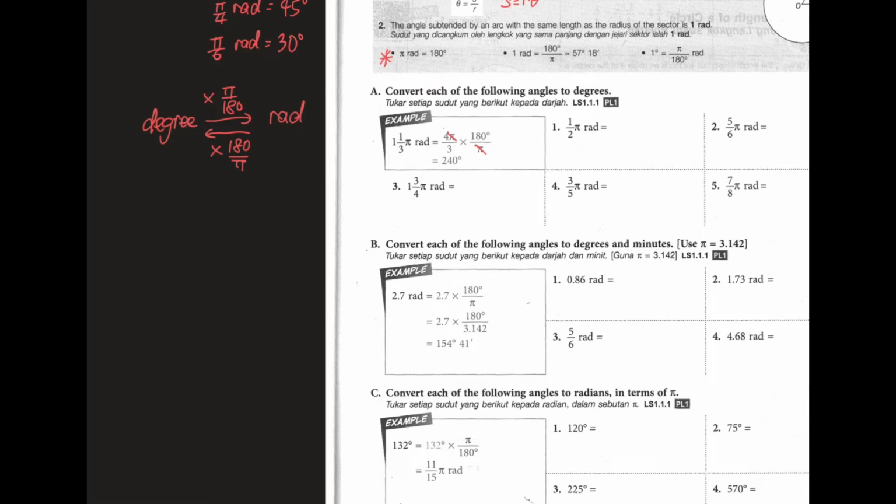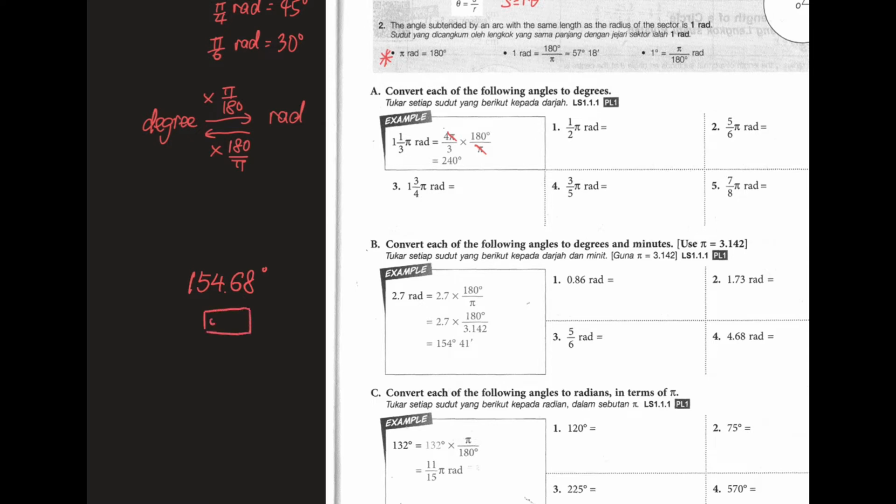So what do you see from your calculator? 154.68. Yeah. You will get 154.68 degrees.